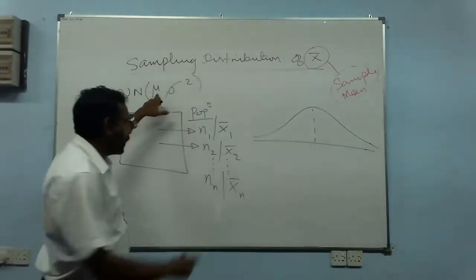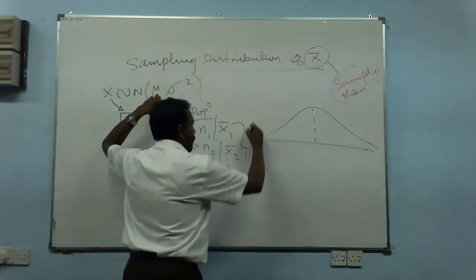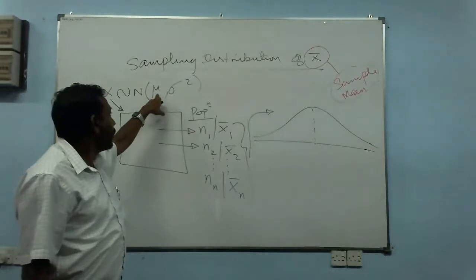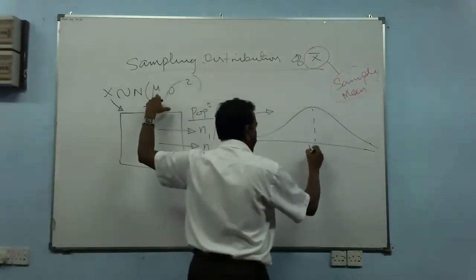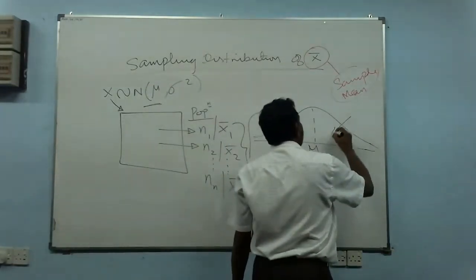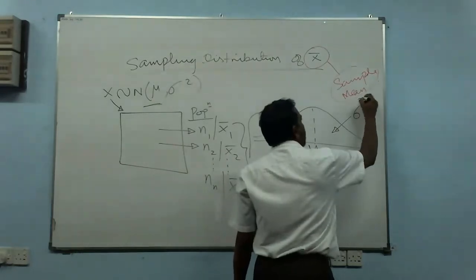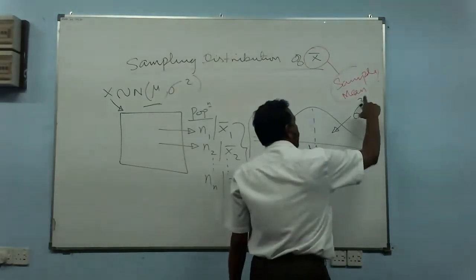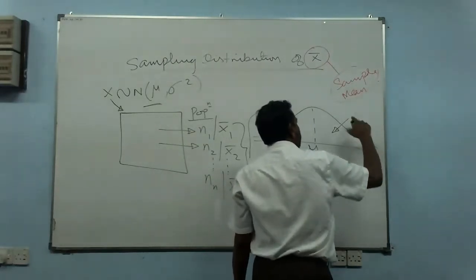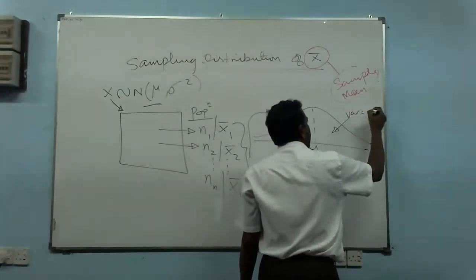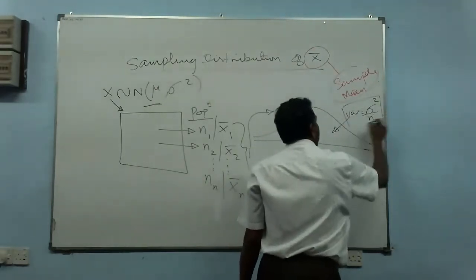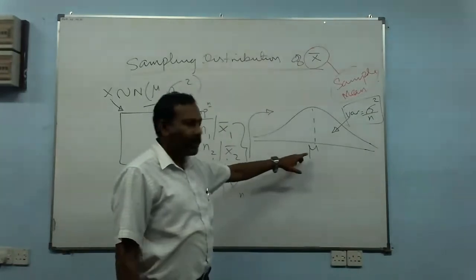If I draw the distribution, it will produce the same normal distribution with the same mean mu, and the variance I'll write as sigma square by n. So the difference is only the variance.